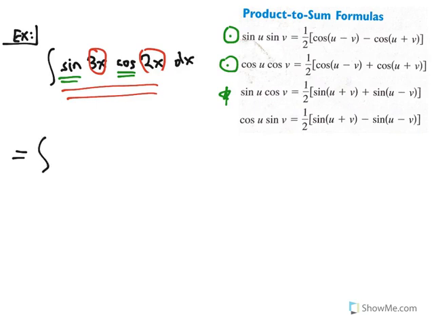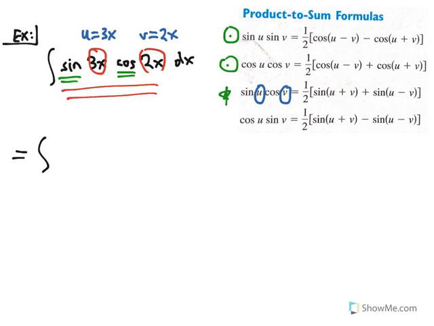So now we will have the indefinite integral of, notice that we have sine of 3x, so u would be equal to 3x, and we have sine of u in our product to sum formula, and cosine of v. So v for us would be 2x.